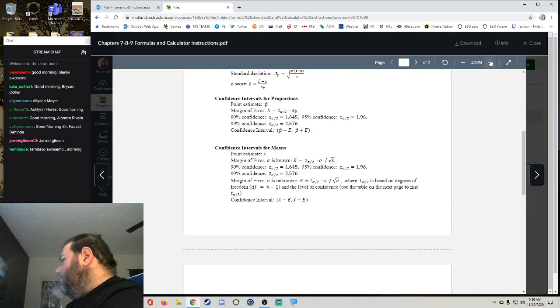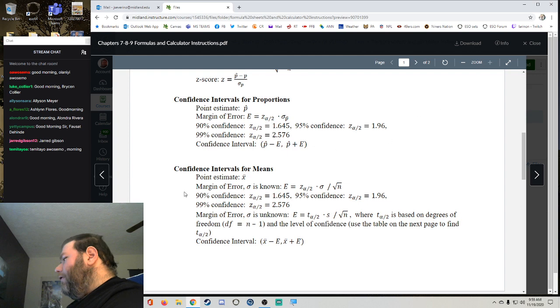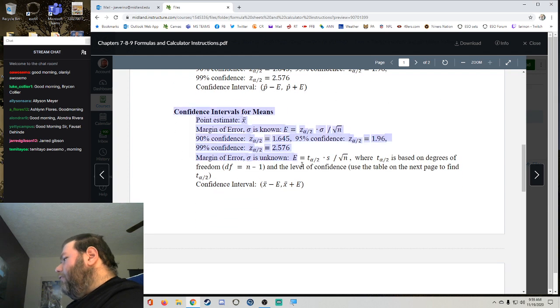This is the formula sheet I'm looking at right now, and this is what we've been talking about. Confidence interval for the mean. Margin of error, if sigma is known, is E equals z alpha over 2 times sigma divided by square root of n. And if we have one of these confidences, then we know what value to use for z alpha over 2.